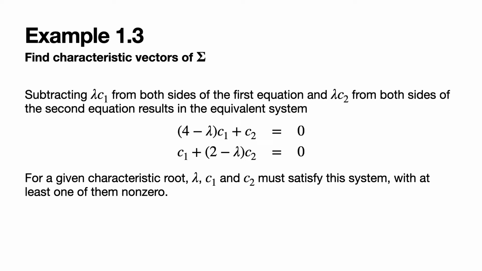And then in the second equation, we have c1 plus the quantity (2 minus lambda) times c2, and that must be equal to 0 as well. Now, for a given characteristic root, lambda, c1 and c2 must satisfy this system with at least one of those two constants, c1 and c2, being non-zero.